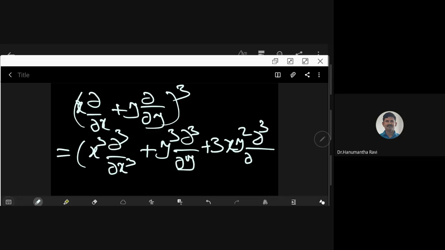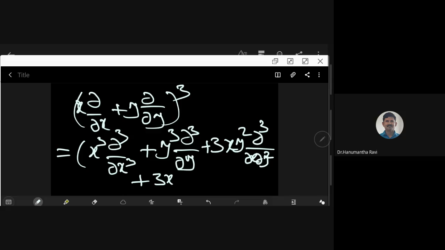Dou x dou y square, plus 3ab, that is xy into dou square xy will be there.